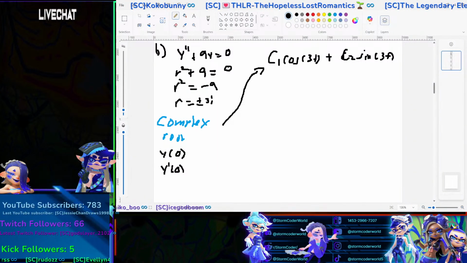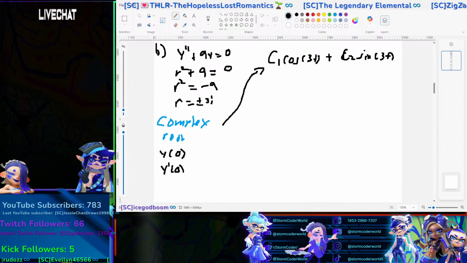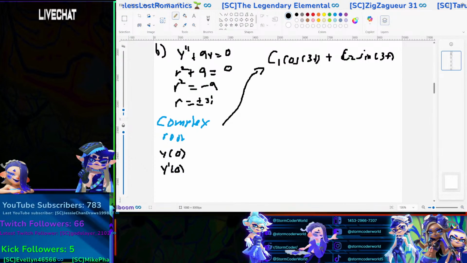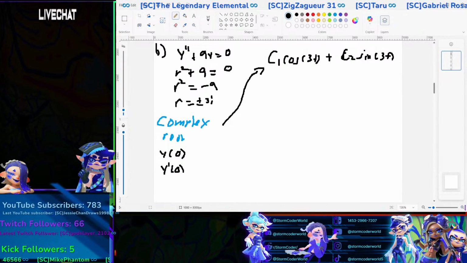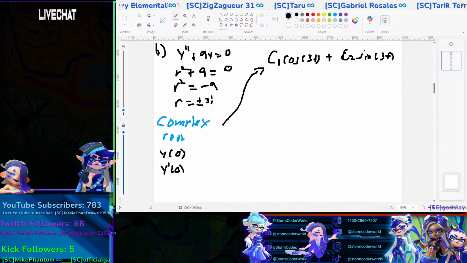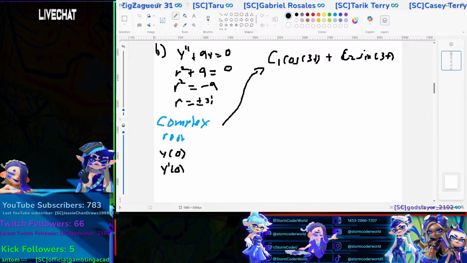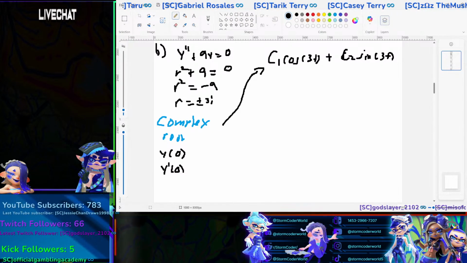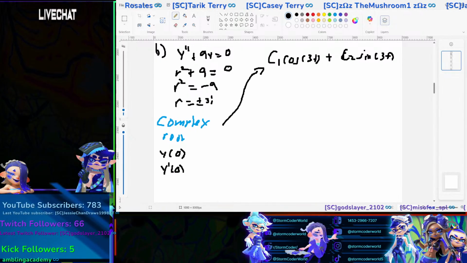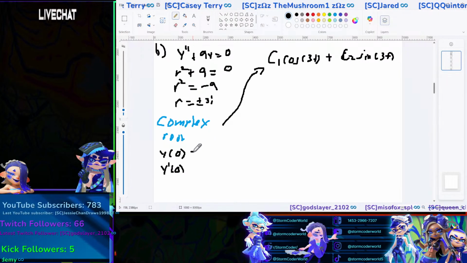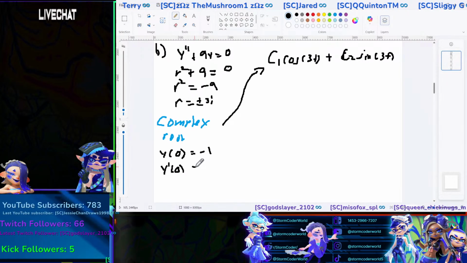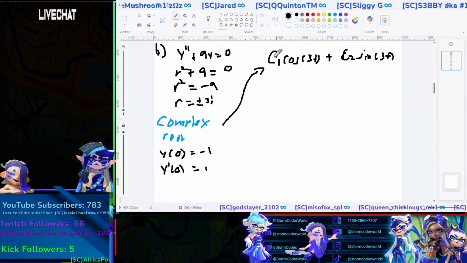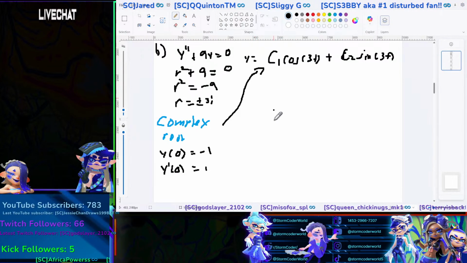Okay, so now that I have this available here, y of 0 is equal to -1, and y derivative of 0 is equal to 1. So let me write those. I need to get y prime.